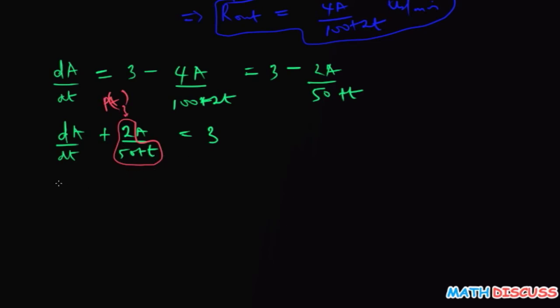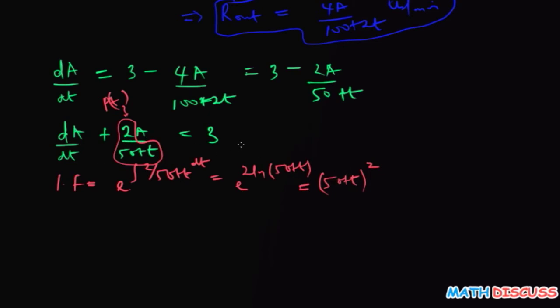Here we have the integrating factor to be e to the power of the integral of 2 over 50 plus t dt. That's going to be e to the power 2 ln of 50 plus t, which is going to give us 50 plus t squared.